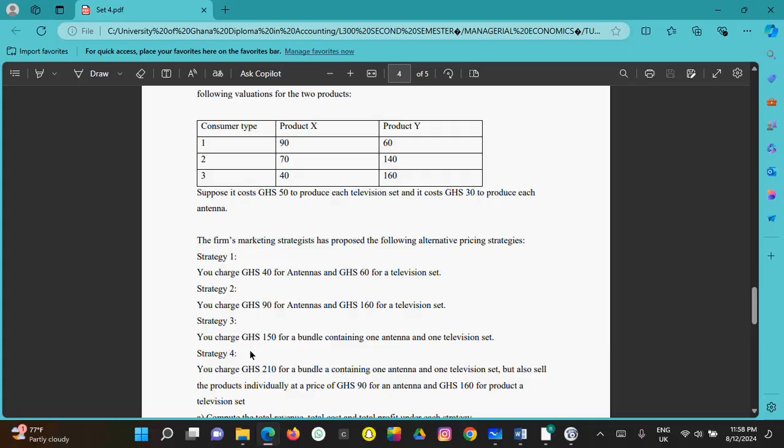Strategy three: 150 for the bundle of the two. Strategy four: 210 for a bundle containing one antenna and one television set, but also sell the products individually at a price of 90 for an antenna and 160 for a television set.